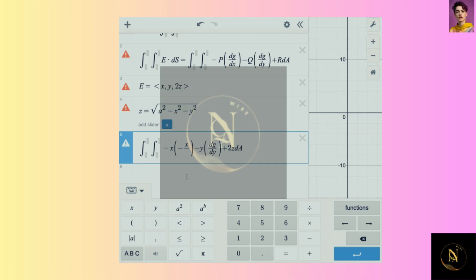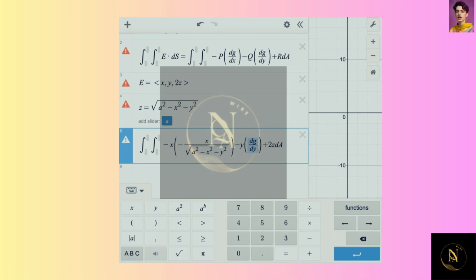So we'll do this right here, and then this will be negative y over z. With all this, we can combine them.